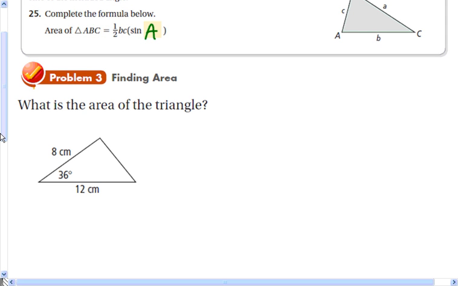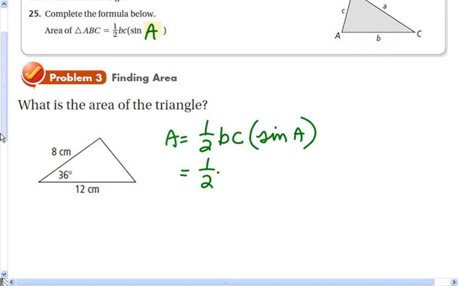Go ahead and write it down. The area of the triangle is equal to 1/2 BC times the sine of A. And in this case, the B and the C are 8 and 12, and times the sine of the included angle, which is 36 degrees.